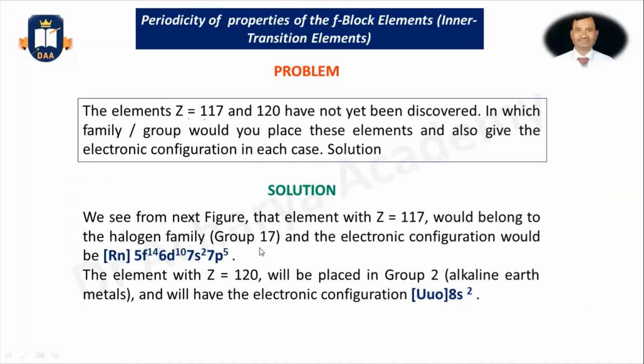The periodicity is 7, so the configuration is 7s2 7p5, because that is the outer shell configuration of the halogen family. Before that you add the noble gas configuration, and then 5f14 6d10, as all f and d orbitals are fully filled.